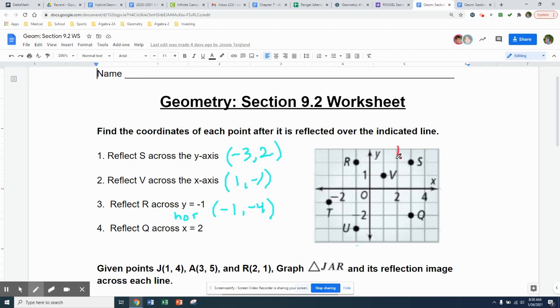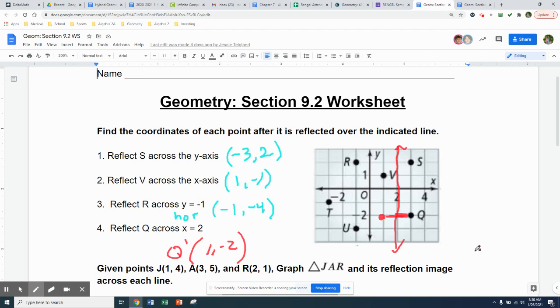So x equals 2, we're going to go to where all the x coordinates are equal to 2, which is vertical. And we're going to reflect Q. So we see Q is 1 away. We reflect it 1 away on the other side. And our Q prime then is going to be 1, -2. So there's going to be where Q prime ends up. So there's how we can start to apply reflections, and then you'll look at reflecting images or figures, excuse me.